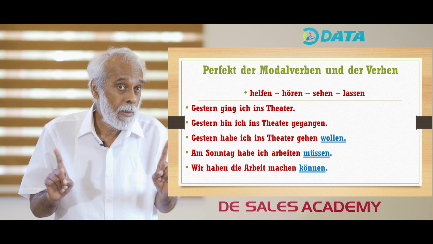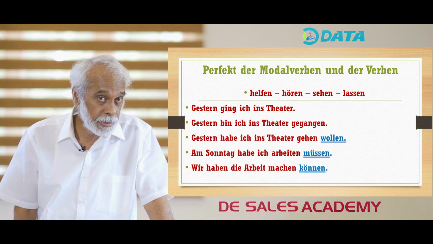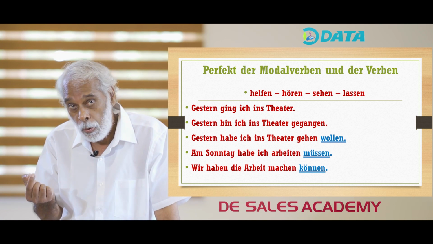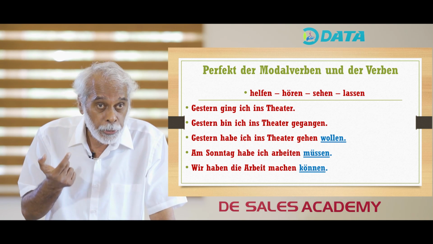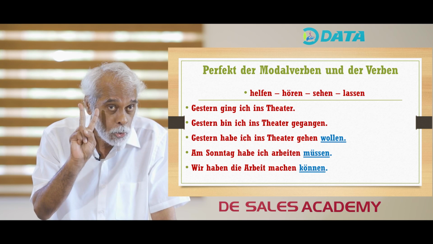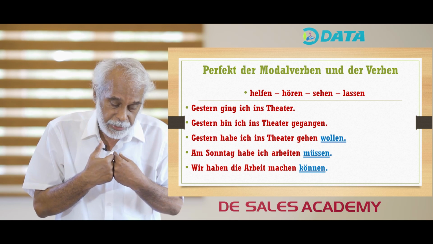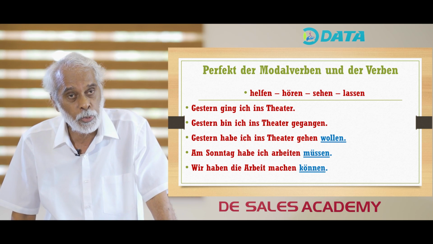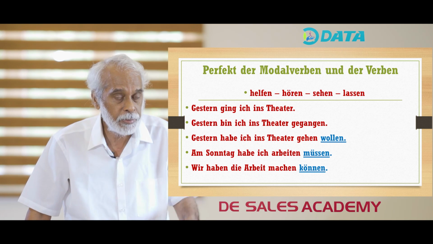There is no participle perfect here. What does that mean? If you are making a perfect sentence of a modal verb, then you do it with the help of haben and 2 infinitives. The question of participle perfect doesn't arise at all. Wir sprechen gar nicht über Partizip 2. Wir brauchen haben als ein Hilfsverb.